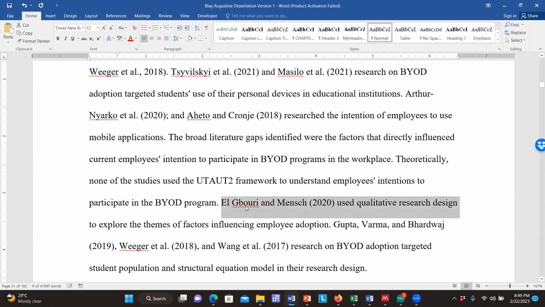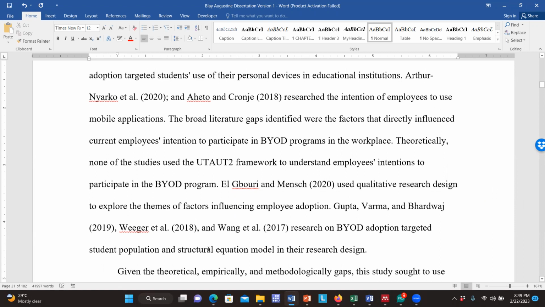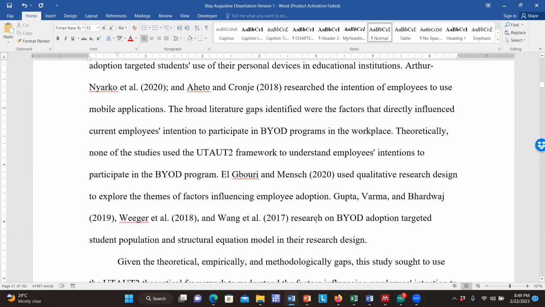So he says that this guy and Mensa used a qualitative research design to explore the themes of factors influencing employees' adoption. Gupta and the others also researched BYOD, targeted a student population, and used structural equation modeling in their research design.